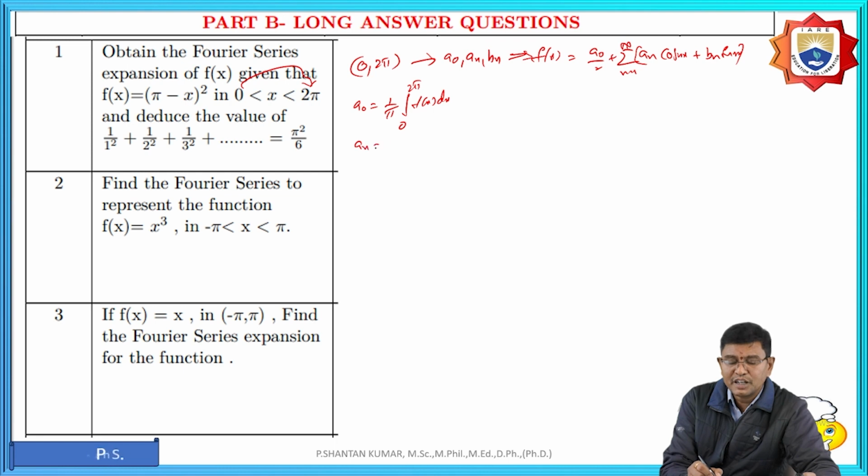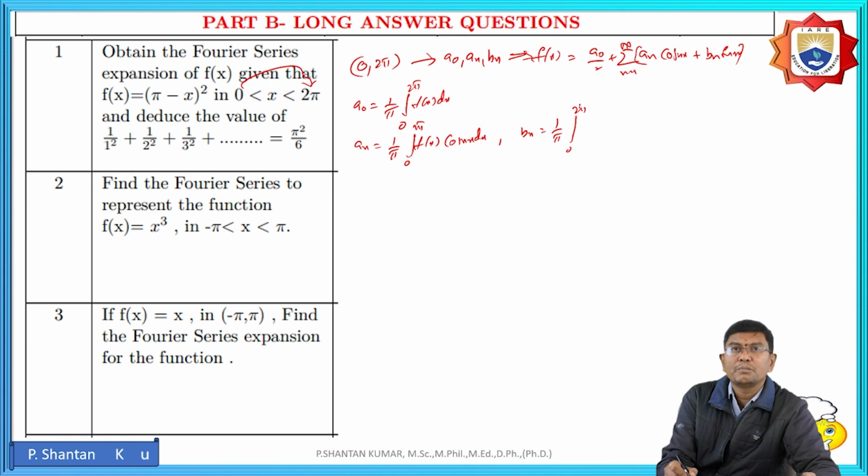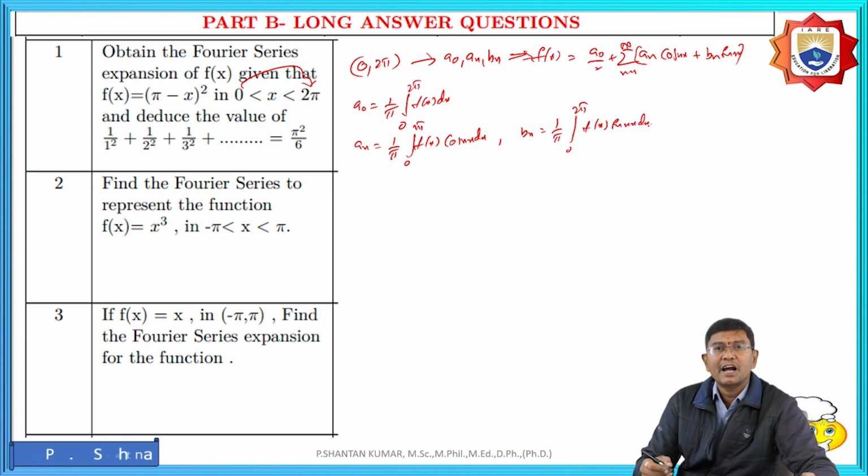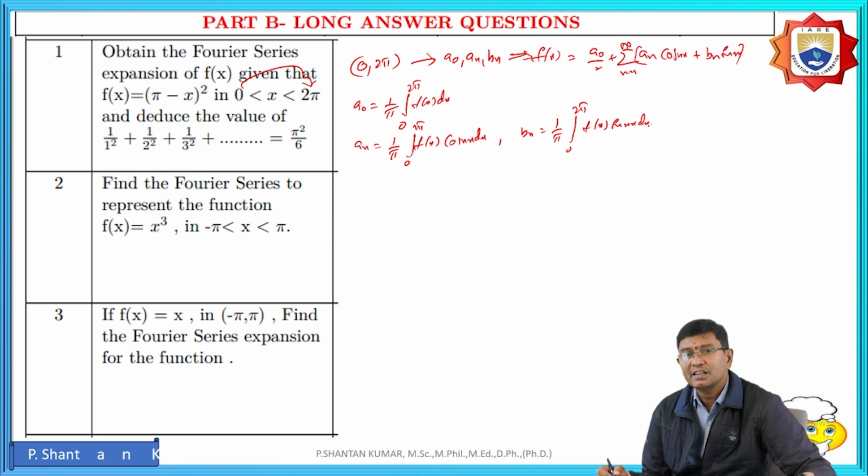And an is 1 by pi integration 0 to 2 pi of f of x into cos nx dx. And bn is 1 by pi integration 0 to 2 pi of f of x into sin nx dx.